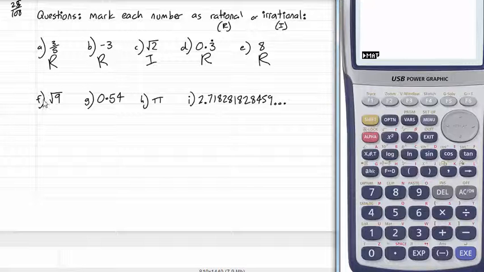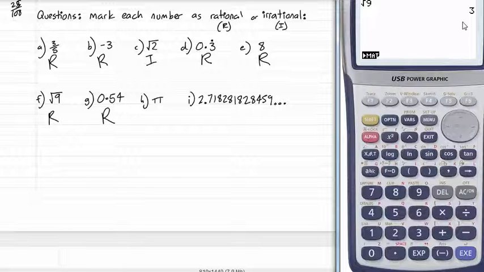The square root of 9, if you couldn't think it through, remember what number multiplied by itself gives me 9? Square root of 9, 3. It ends up as a rational number. It's rational. 0.54, a terminating decimal, can be written as a fraction, rational.